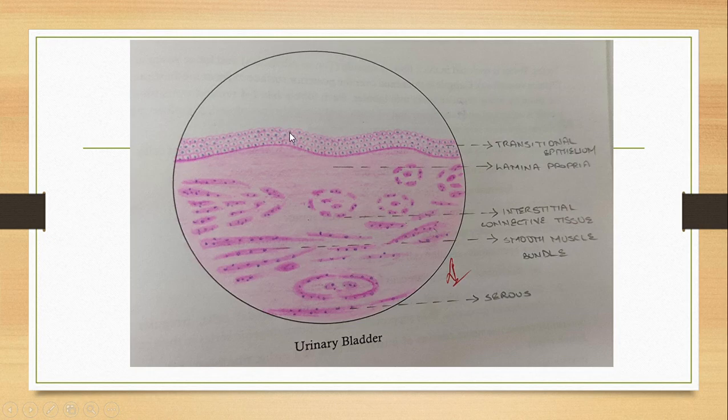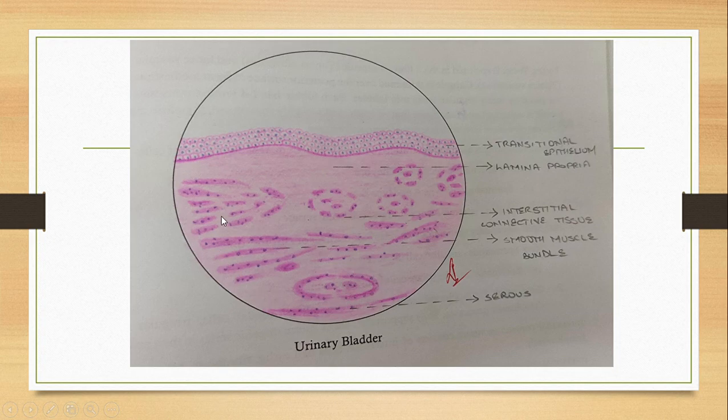Outer to that we can see the lamina propria, which is made up of connective tissue, and external to this layer there is the muscular coat.